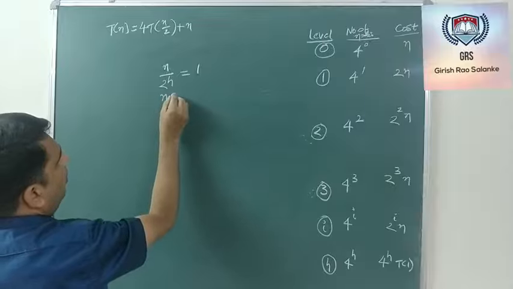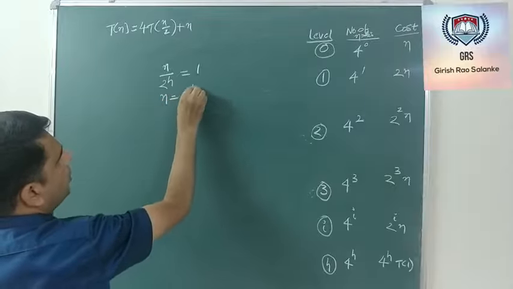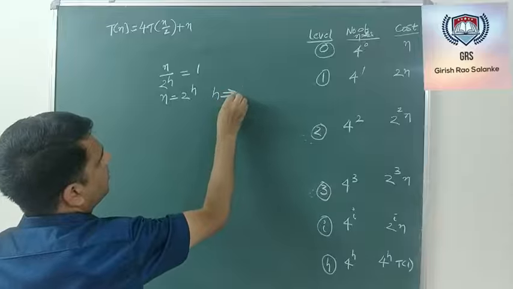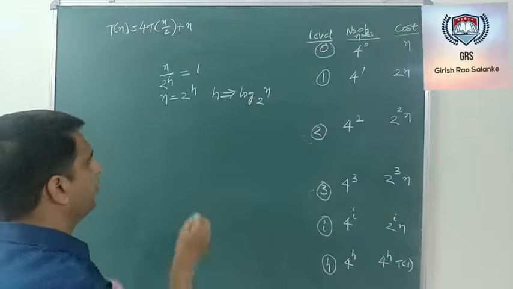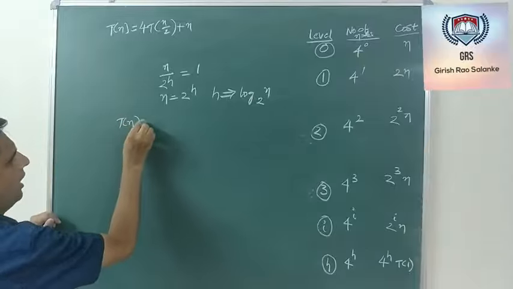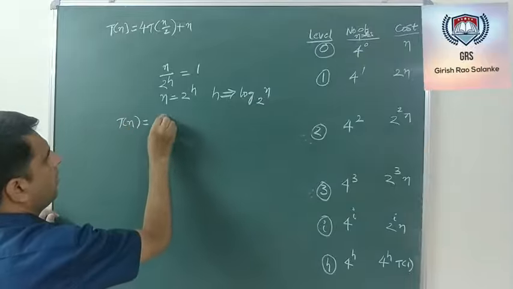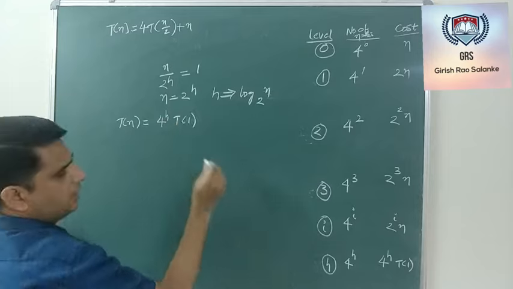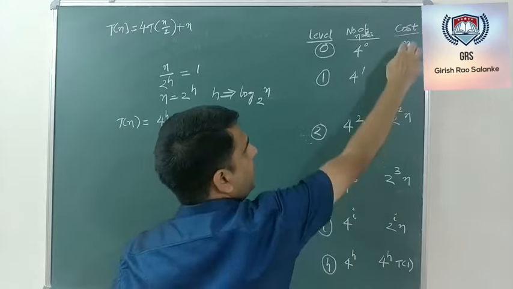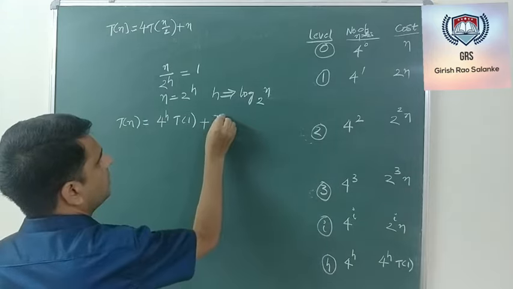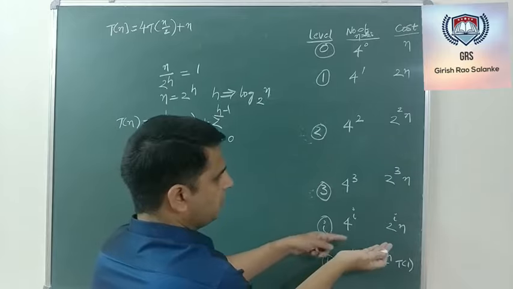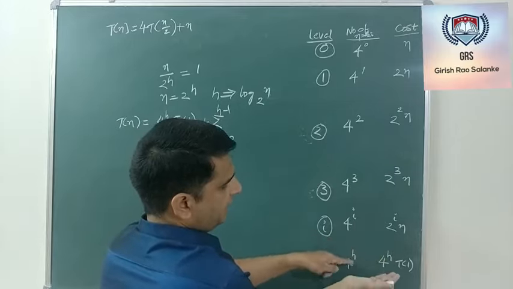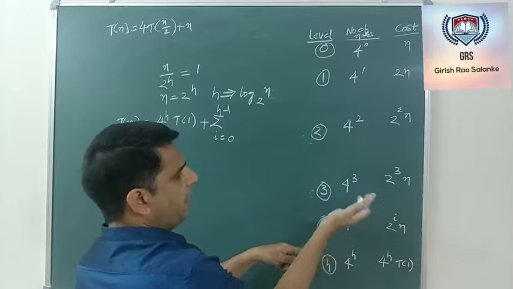So n is equal to 2 power h, and my h is nothing but log n to base 2. Now to find the time complexity T of n, I should express this as 4 power h into T of 1, that is the last one, and the remaining I need to summate. This is summation of i equal to 0 to h minus 1, because this was the last height.